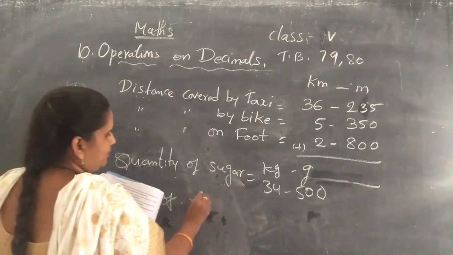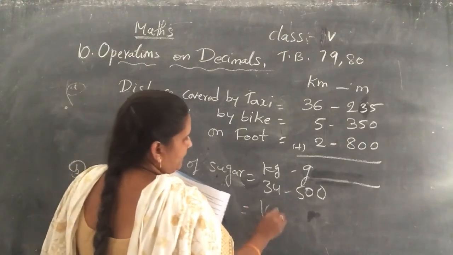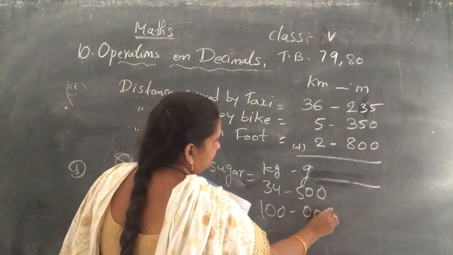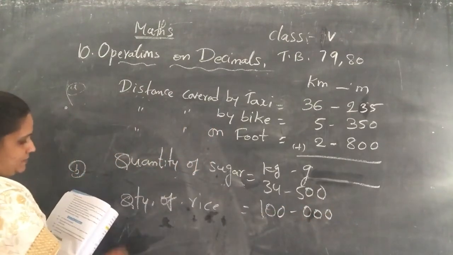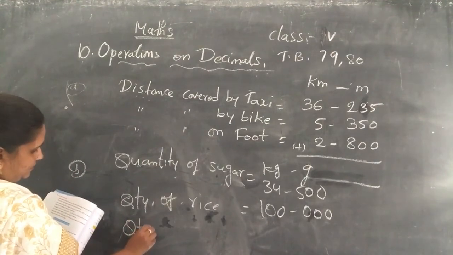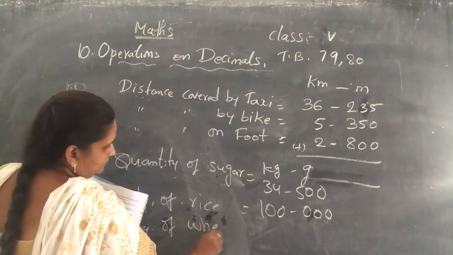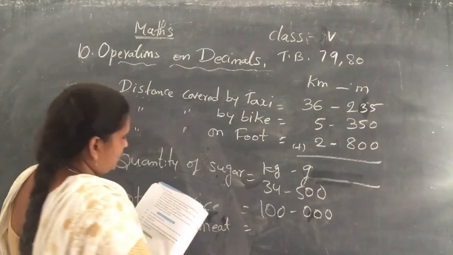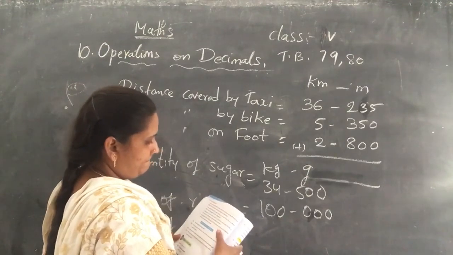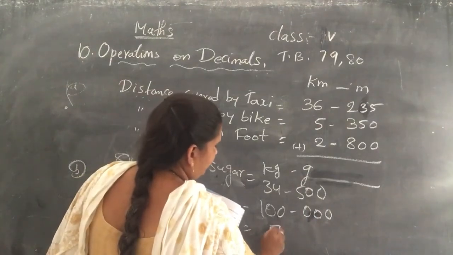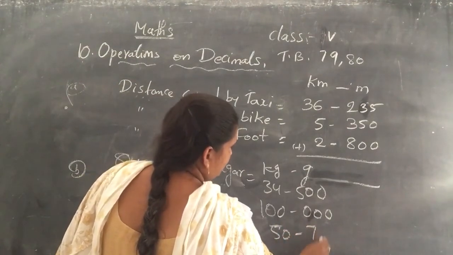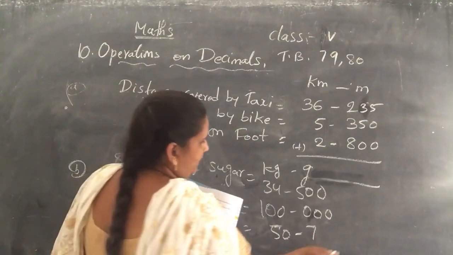Next, quantity of rice is equal to 100 kgs. Next, quantity of wheat is equal to 50 kgs 75 grams.